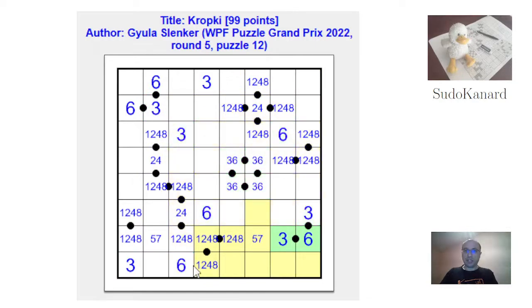relative to 3s and 6s, and I do some eliminations with the 3s because 3s can't be next to a 2 or a 4. So that can't be a 2 or a 4. This 6, oh, we don't know about those. We still don't know how those resolve. We'll come to this at some point.